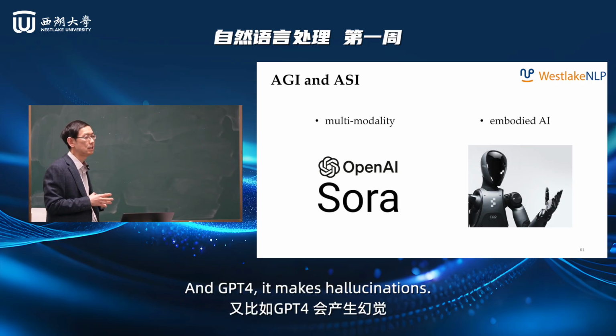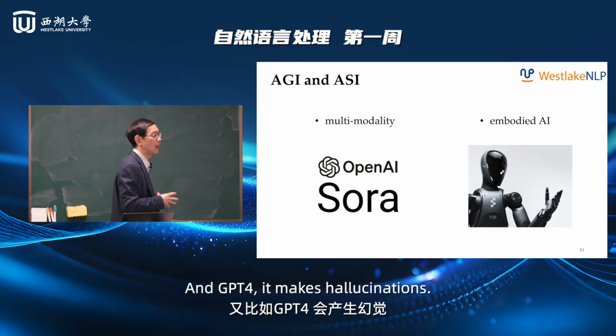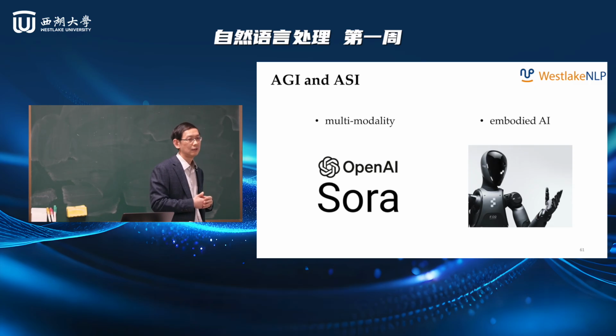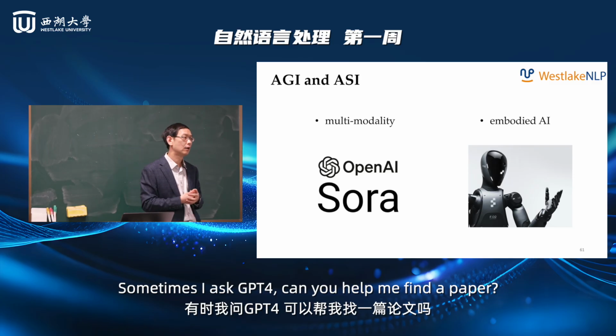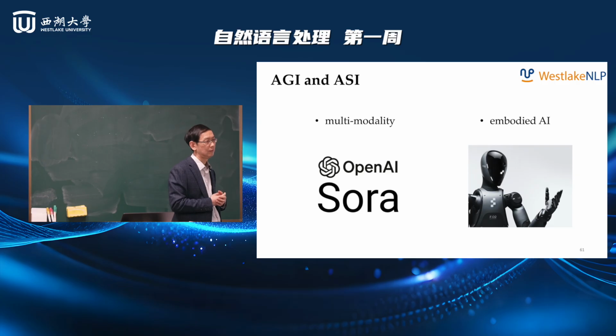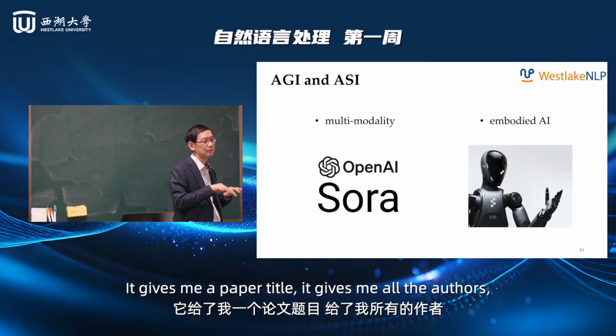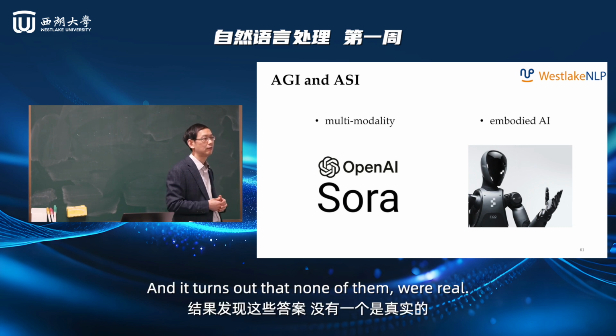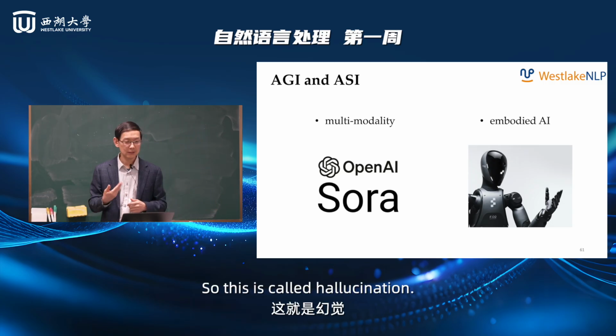And GPT-4 makes hallucinations. By hallucination, I mean sometimes it tells you things that are not true. Sometimes I ask GPT-4 to help me find a paper. It gives me a paper title, all the authors, the affiliations and the abstract, and it turns out that none of them were real. So this is called hallucination.